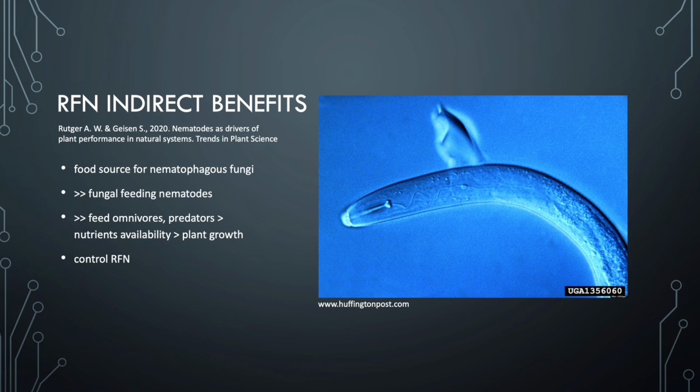It's just that it goes out of balance whenever we put pressures on the ecosystem and create unhealthy conditions and unsustainable conditions for plant growth and balanced ecosystem function.